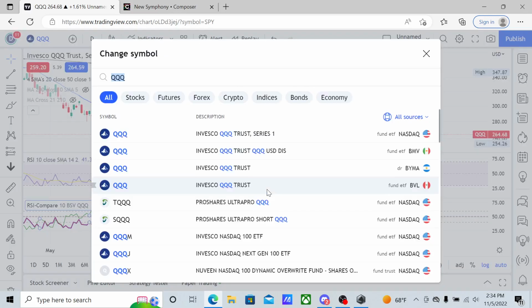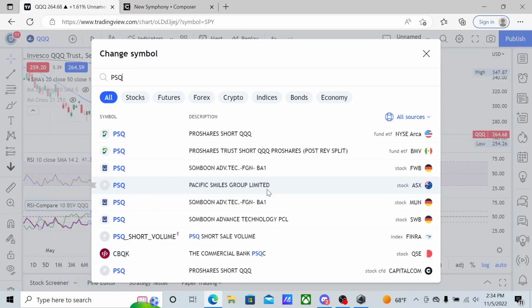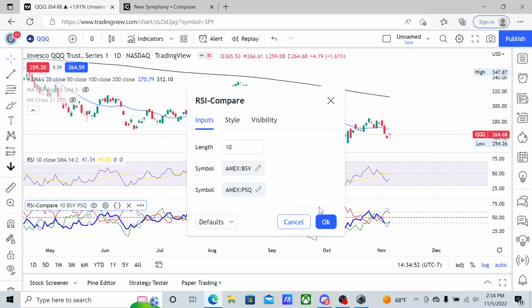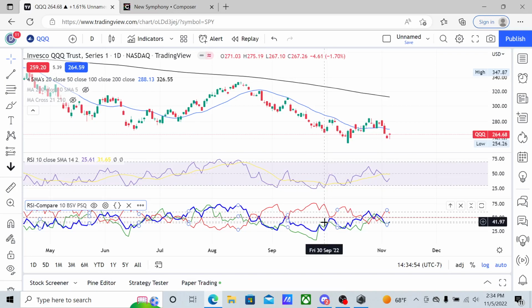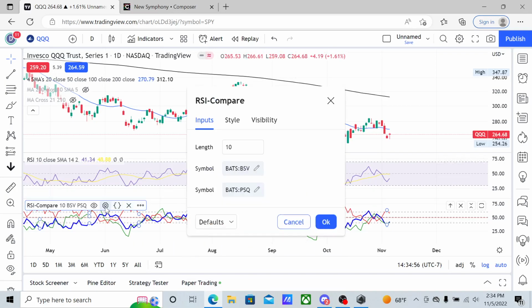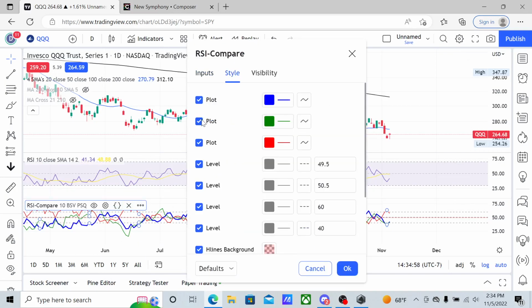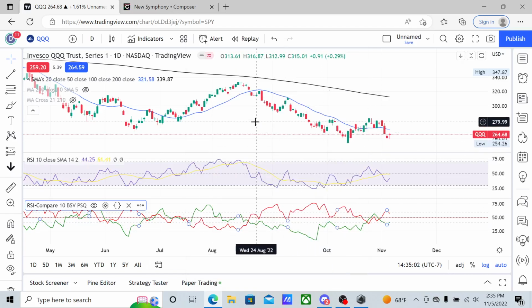Or I'm sorry, the inverse ETF of the NASDAQ, which is PSQ. So this is a 1x inverse. It's not leveraged. So let me go here and unplug that. Okay.